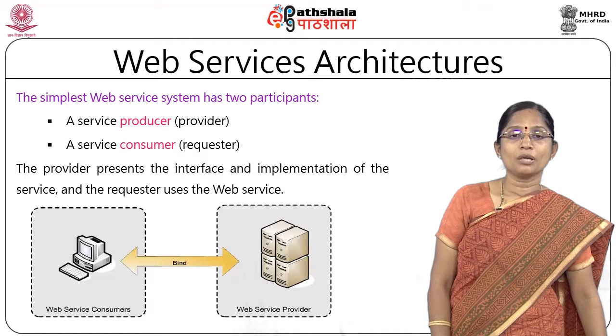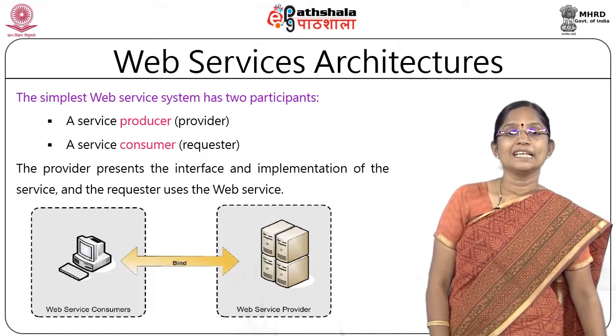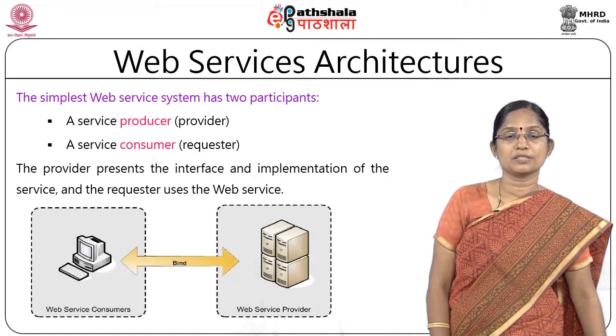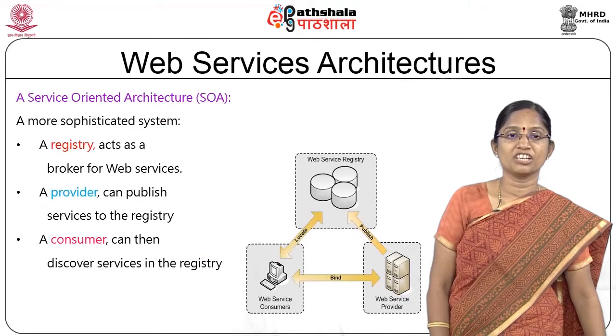The consumer requests a particular web service from the provider or producer. It executes the process, generates results and sends the results back to the consumer. So you can see that the provider presents an interface and implementation of the service, and the requester makes use of this web service.